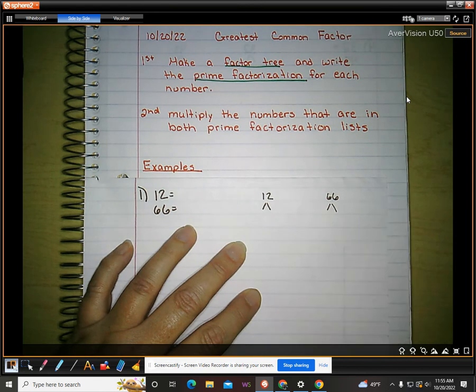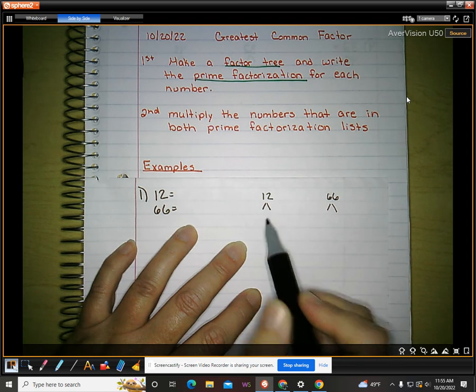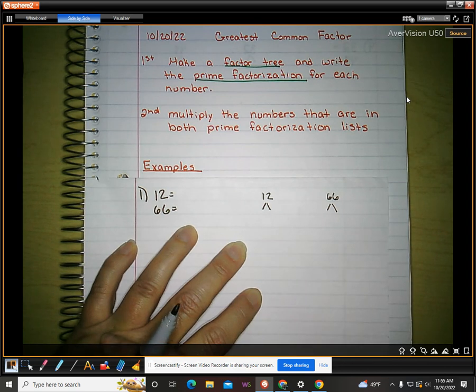Now remember from Tuesday, you may start your factor tree different than the person sitting next to you. But the nice thing about factor trees, if you're using numbers that actually multiply together to get the number, your prime factorization always ends up the same.